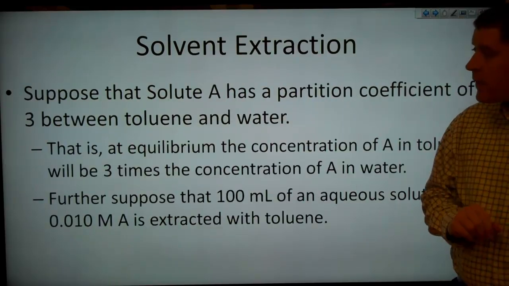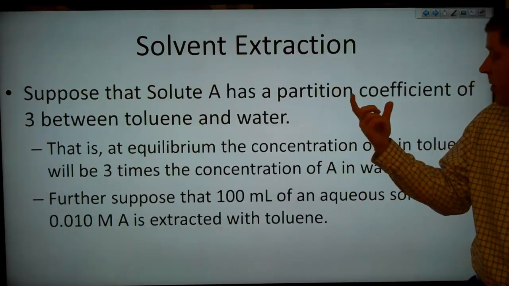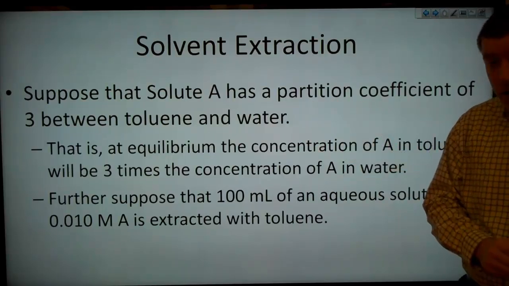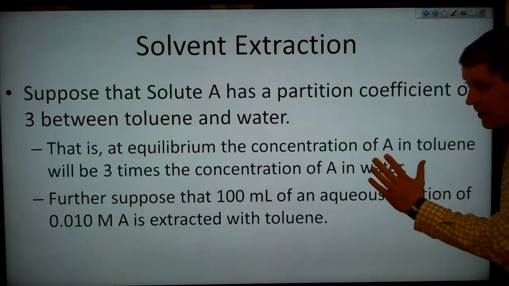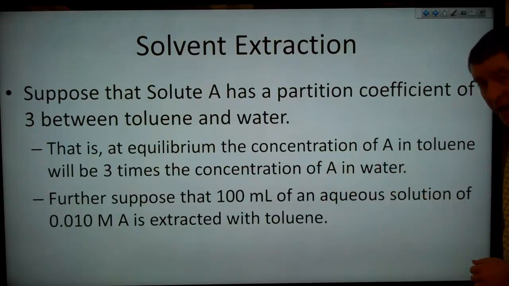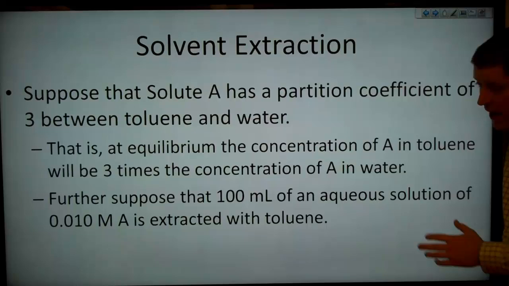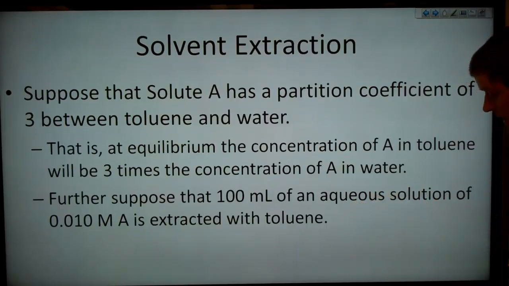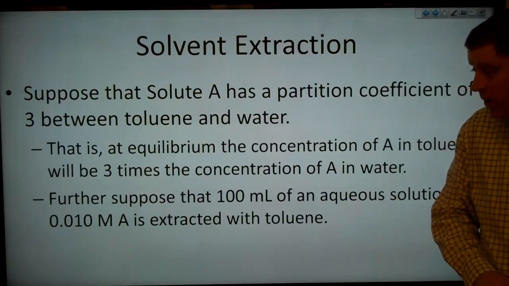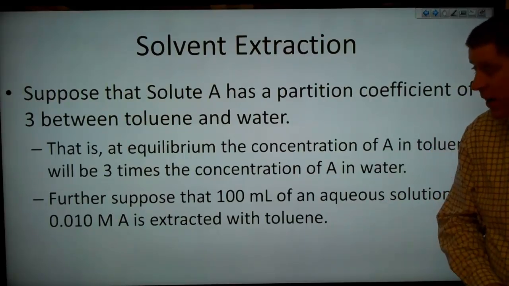So suppose that solute A has a partition coefficient of 3 between toluene and water. That is, at equilibrium, the concentration of A in toluene is 3 times the concentration of A in water. And further suppose that 100 milliliters of an aqueous solution of 0.01 molar A is extracted with toluene.